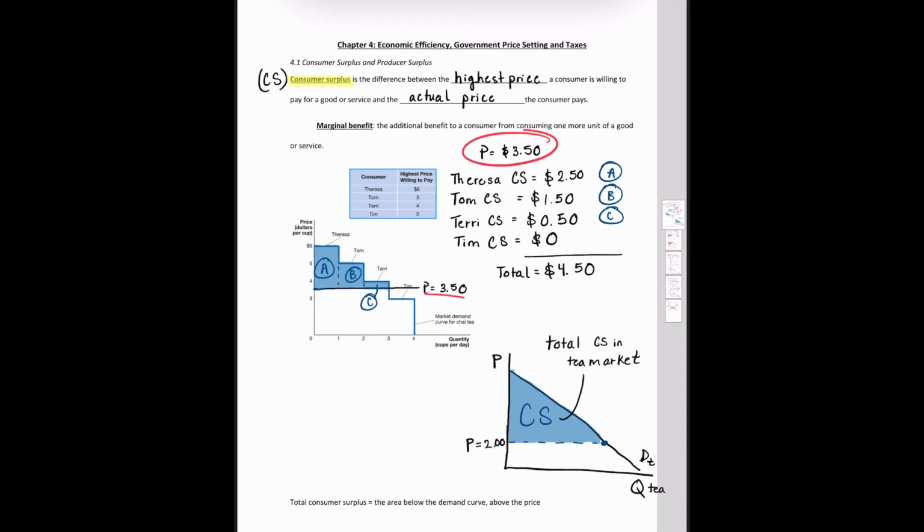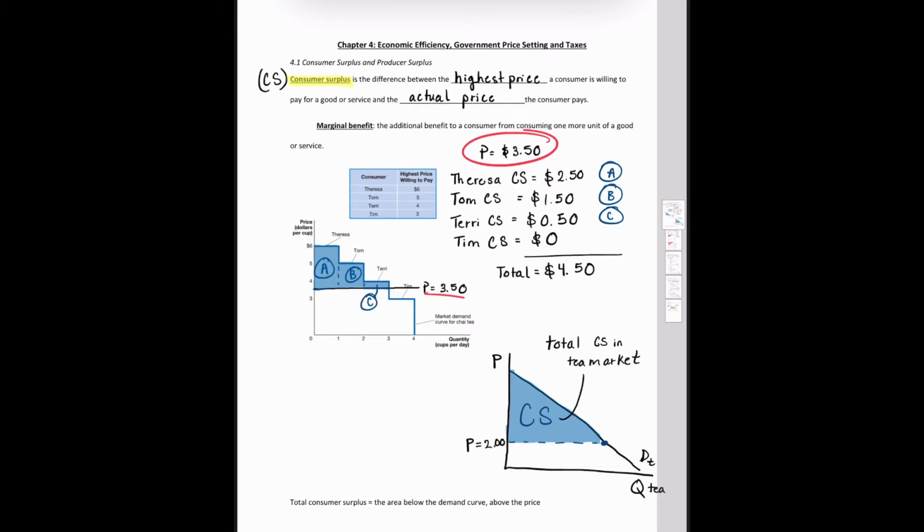Teresa is willing to pay $6. Tom is willing to pay $5. Terry is willing to pay $4. So in order to calculate the net benefit each consumer is deriving, we need to find the area of A, B, and C, those areas respectively.